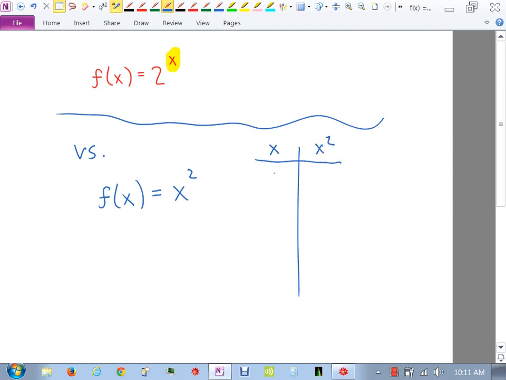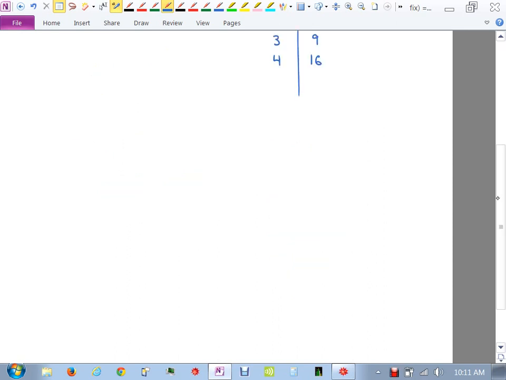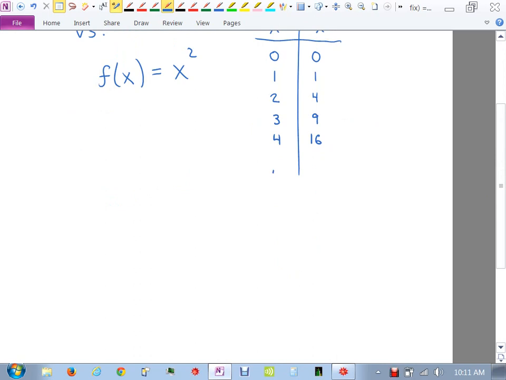So what if we would have made a table for x squared instead? If we would have plugged in 0, what would we have gotten? 0. We plugged in 1, we would have gotten 1 squared would be 1. 2 squared would be 4. 3 squared would be 9. 4 squared would be 16. And then we could keep going, right? Let's try 10. What's 10 squared? 100.